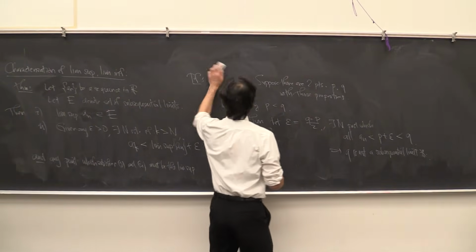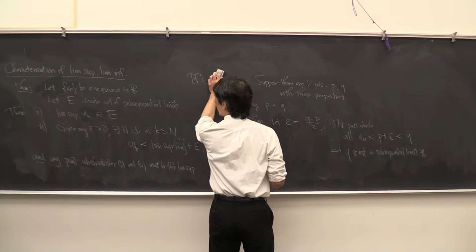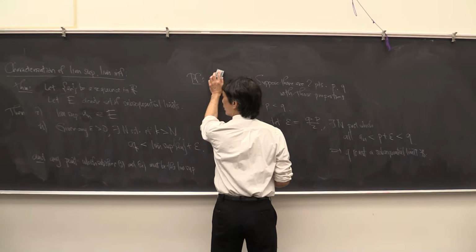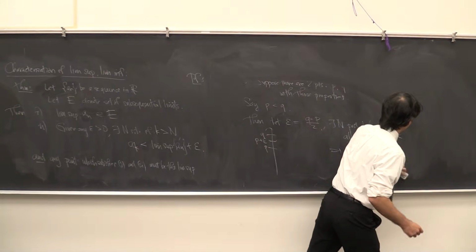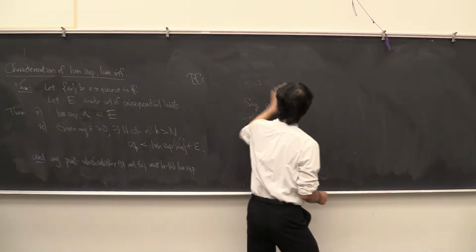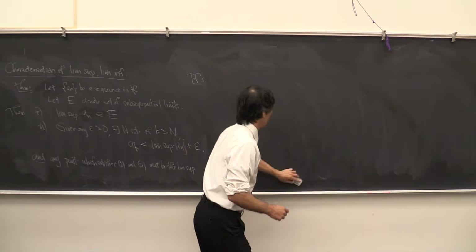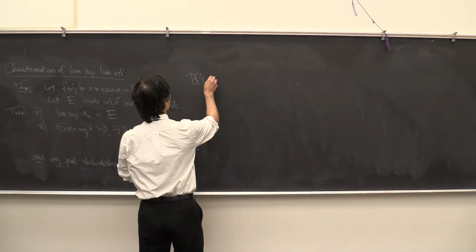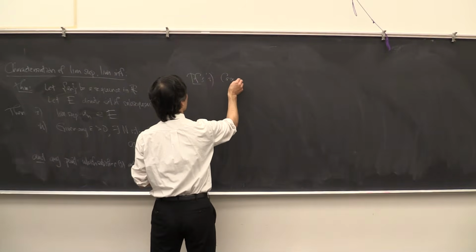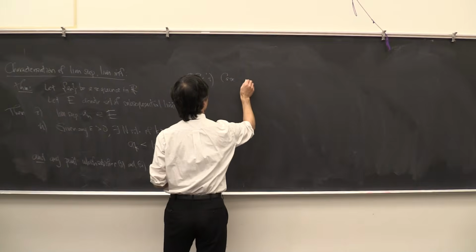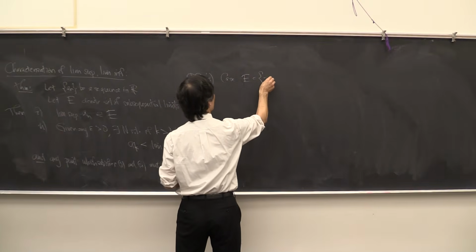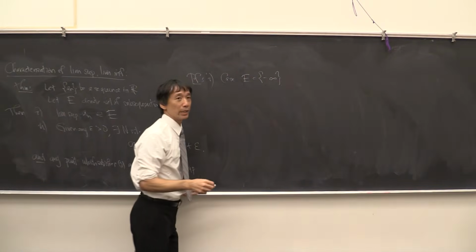Okay, so let's prove 1 and 2. So we're going to break it into cases. Case 1 is where the supremum is negative infinity.